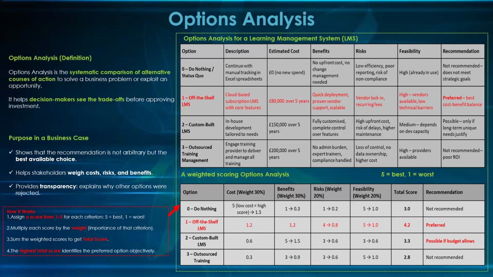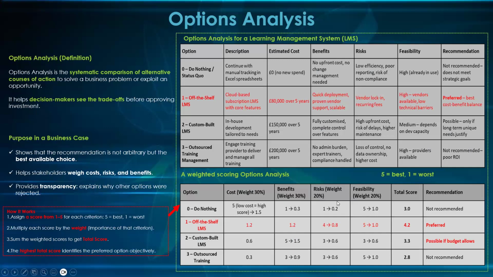Okay. So what this one means is similar to the one at the top. But the difference is, as a team, we decide what score to weigh costs, for instance, or benefit, or risk, or feasibility. We assign a score to it. So for cost, we assign 30% to its score.